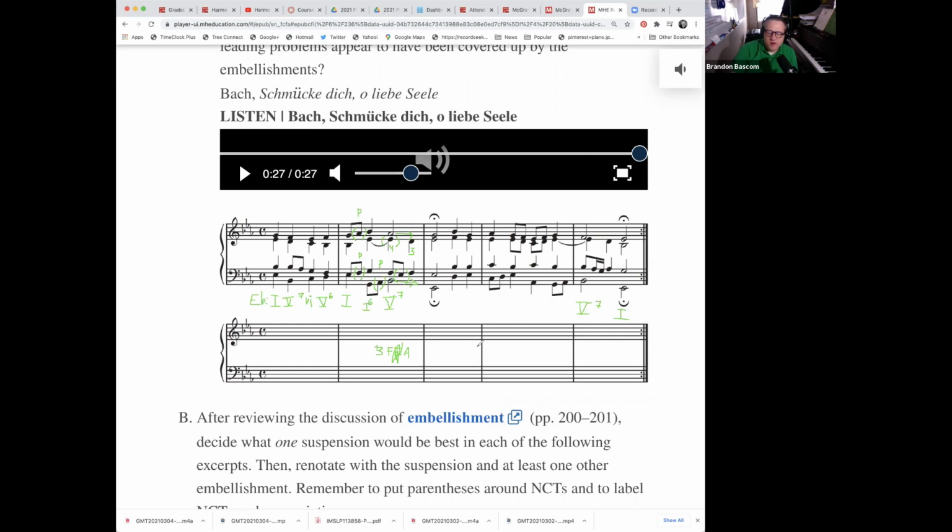Trevor, what's the next chord on the fermata? The one with the half notes? Yep. Okay. Trying to figure out what the first note is first.